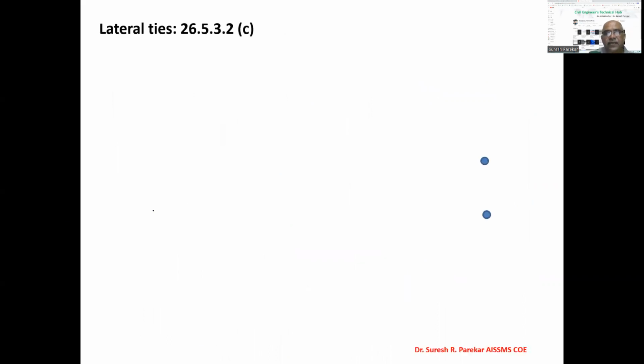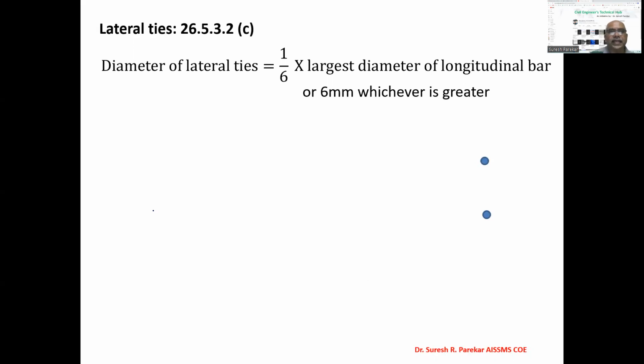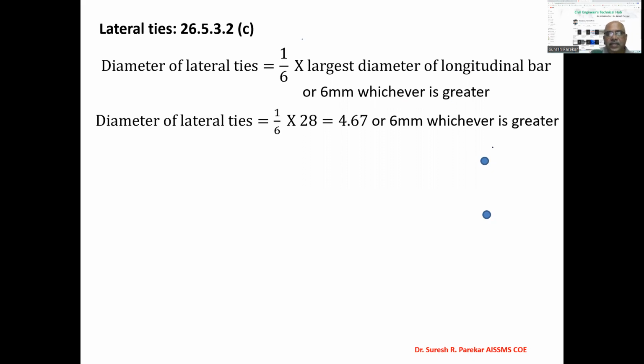And then from this, we are going to get the lateral ties. So we have clause number 26.5.3.2. And then this value is equal to 1/6 into the largest diameter of the longitudinal bar, or 6 mm, whichever is greater. The largest we have is 28, which gives 4.61. So minimum we have to go for 6.